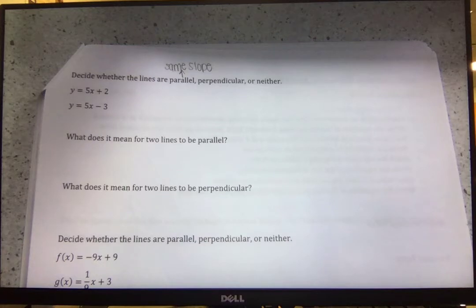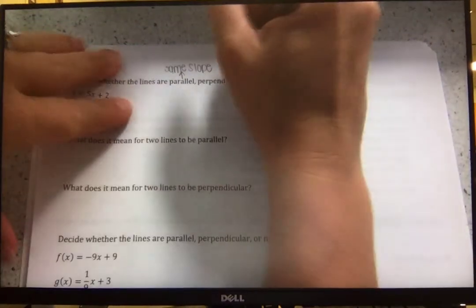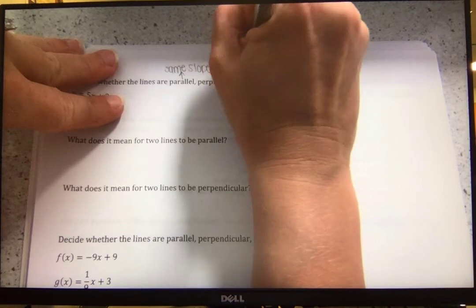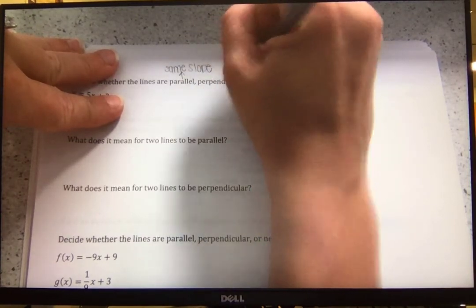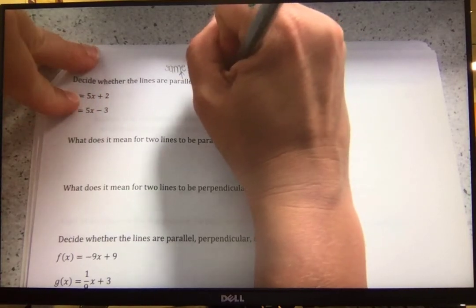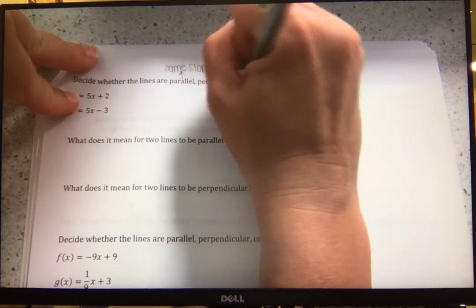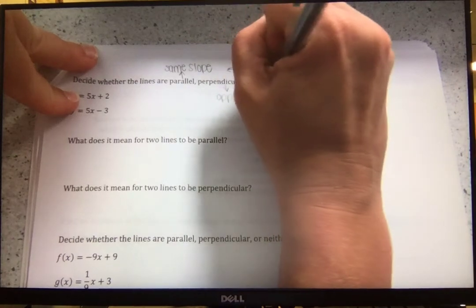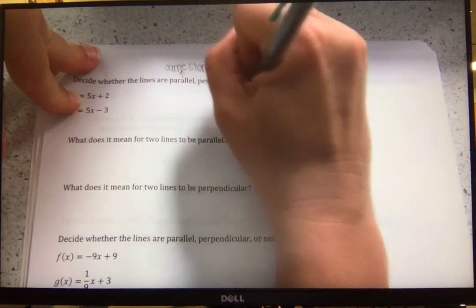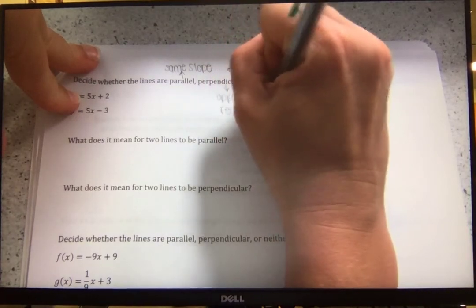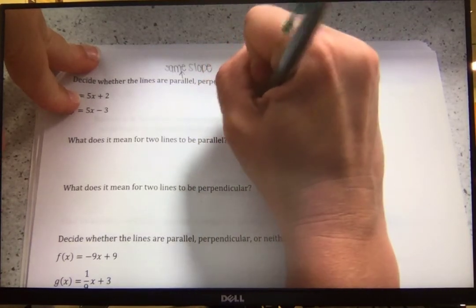So let's do a couple examples. We're just going to identify if they are parallel, perpendicular, or neither. So looking at y equals 5x plus 2. Thankfully, this is already in slope-intercept form for us, y equals mx plus b. So what's our slope? 5, which is 5 over 1. For the next line, y equals 5x minus 3.